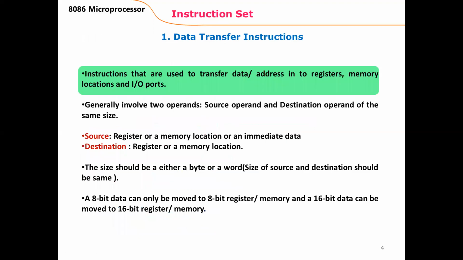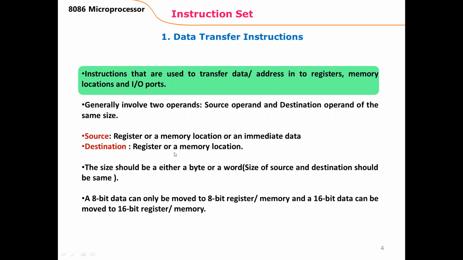Now, data transfer instructions were already covered in the last class, in which data from any register, memory or IO port can be copied to the destination. One important thing is that the source can be a register, a memory location or immediate data, depending on the type of addressing mode we are using, which we have already discussed in detail in previous lectures.